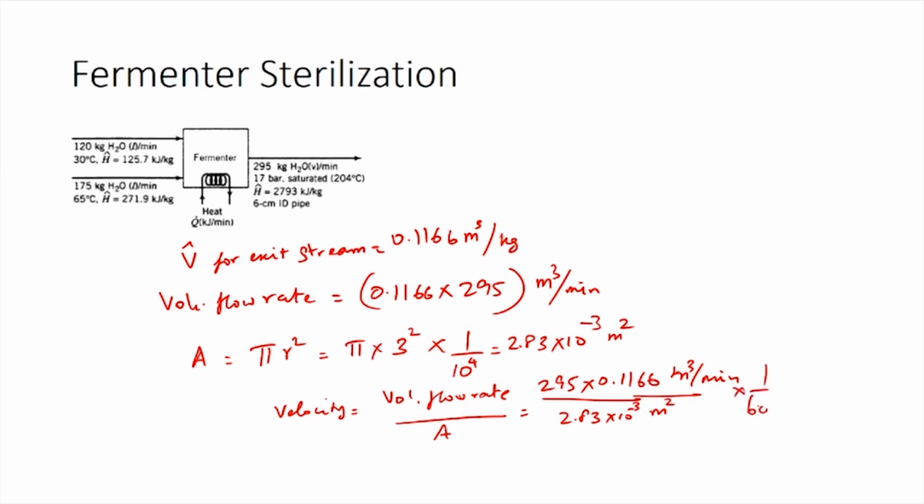So, we divide it by 60. So, giving us the velocity as 202 meters per second. So, this is the velocity of the exit stream.